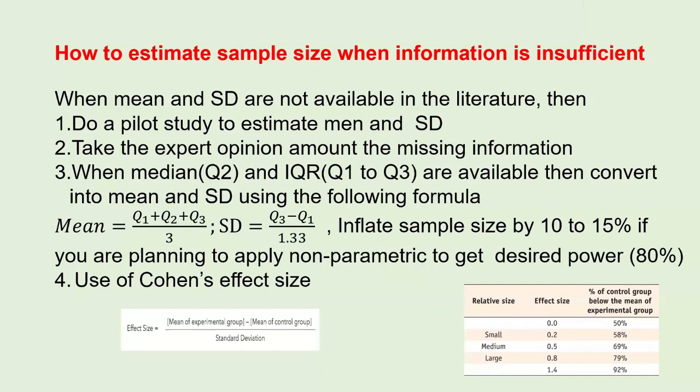So where do we use the Cohen's effect size, sir? Cohen effect size is another option for finding out if you don't have any information. In that case, you can find out based on the effect size they are calculating, but it has a drawback. This Cohen effect size is basically the mean difference between the experimental and control means divided by the standard deviation.